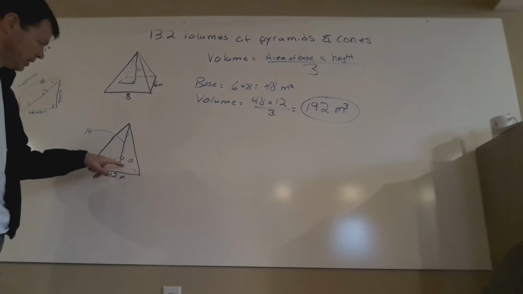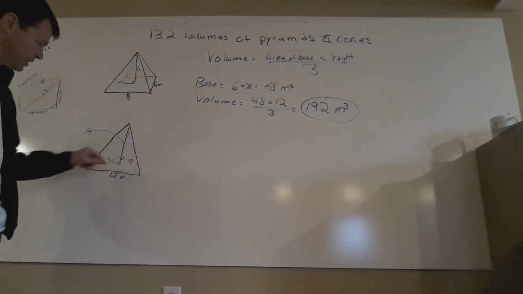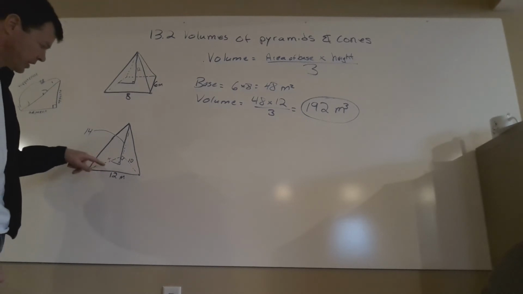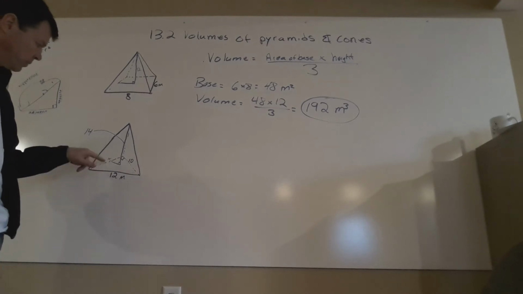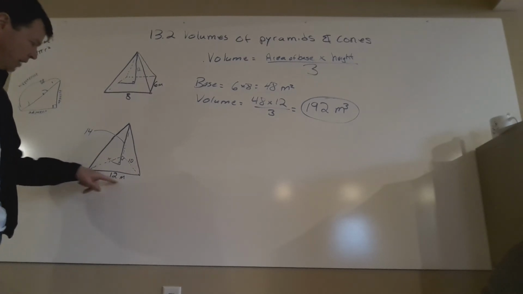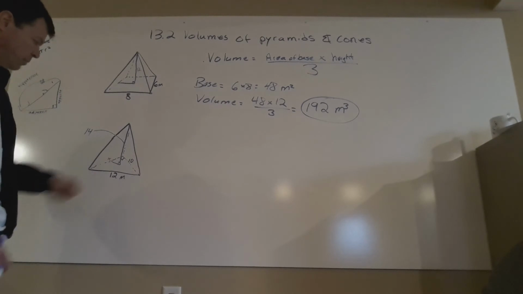For this triangle, the area is the length times the height of the triangle, divided by 2. The length is 10. The height on this is x. We don't know what it is, but it's a right angle, so we can use the Pythagorean theorem to figure out what x is. 12 is the hypotenuse for that base triangle.